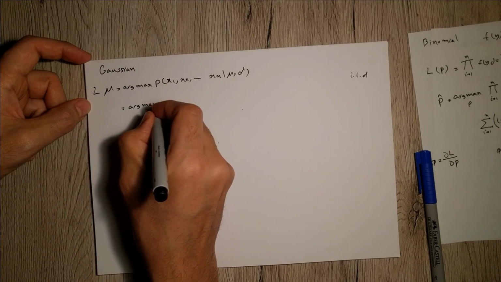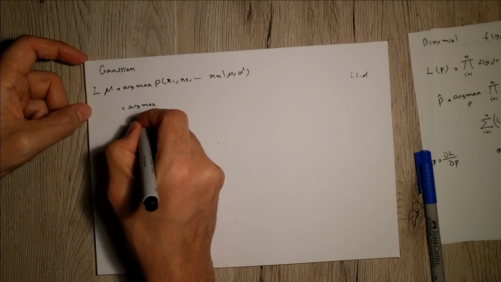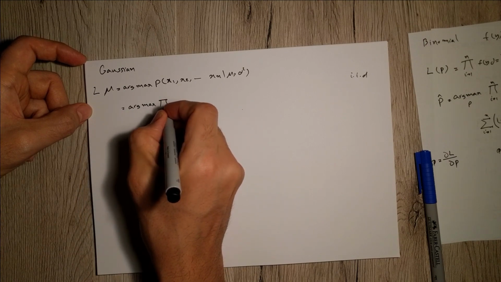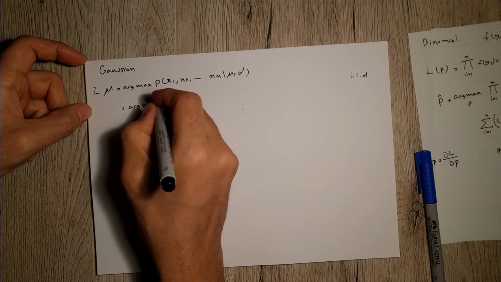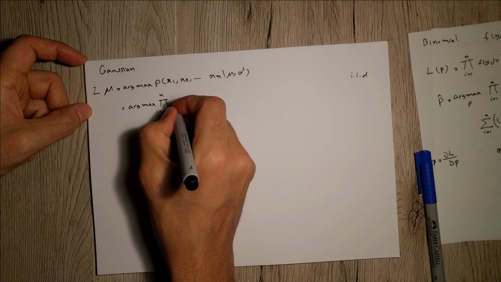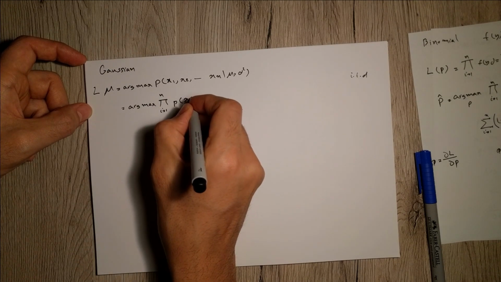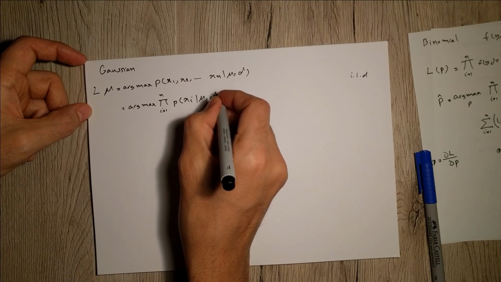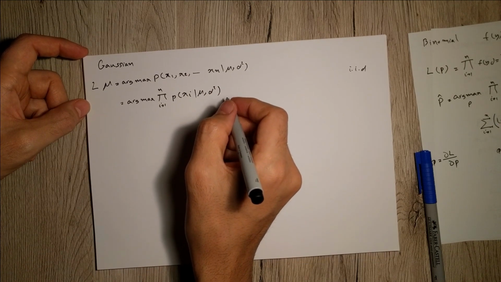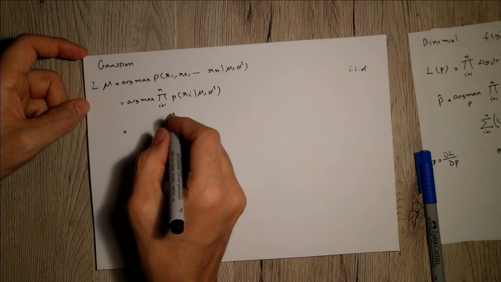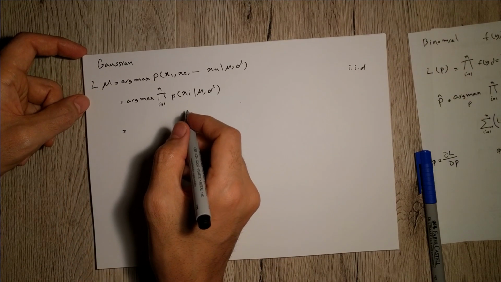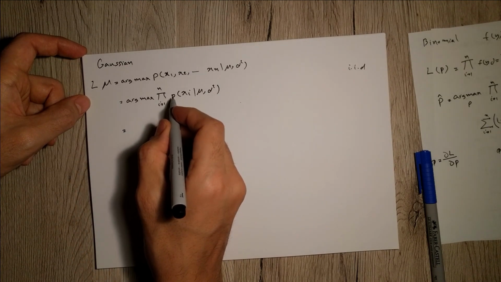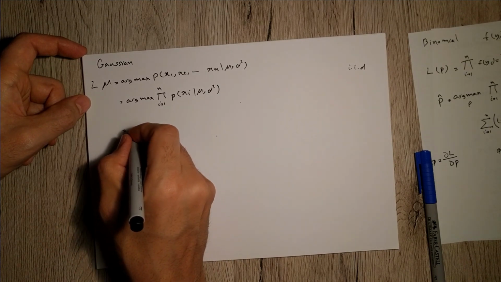I mean here it's the likelihood function. We are looking for the mean. The IID property gives us 1 to n. And then we plug in the PDF function of the Gaussian distribution.